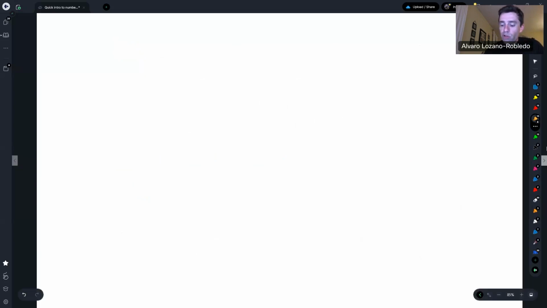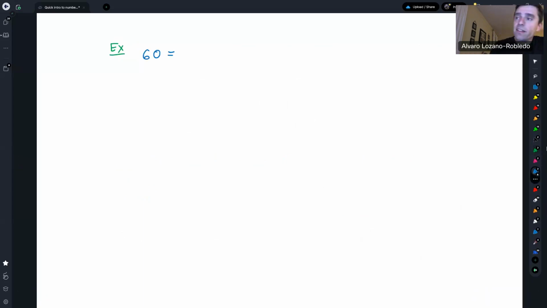Okay, so now let's see what we can do for a GCD knowing prime factorizations. Now, I'm going to assume that I know that 60 is 2 squared times 3 times 5, and that 105 is 3 times 5 times 7. And now I'm going to try to find the GCD.